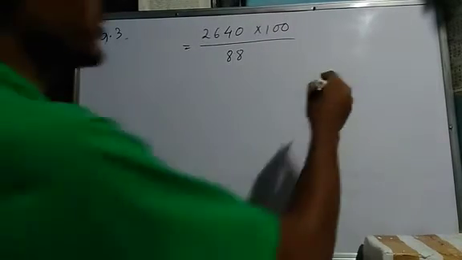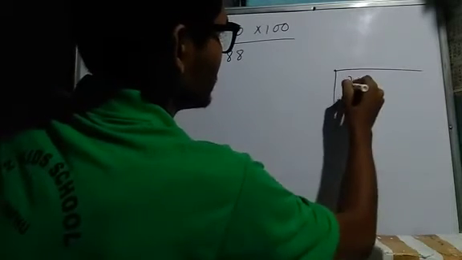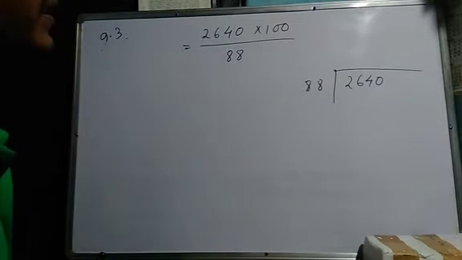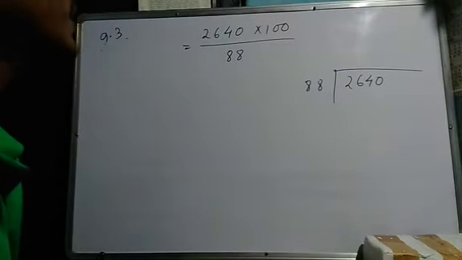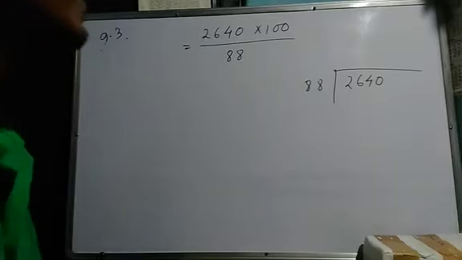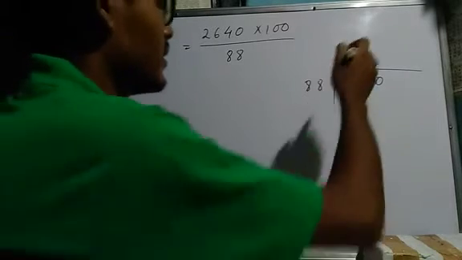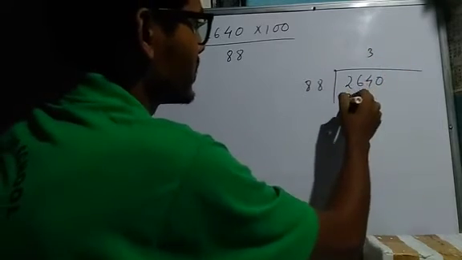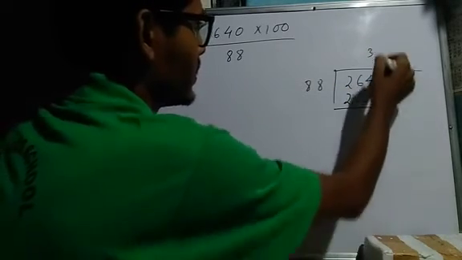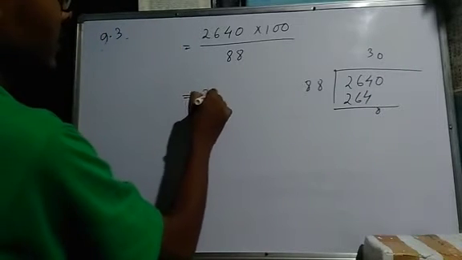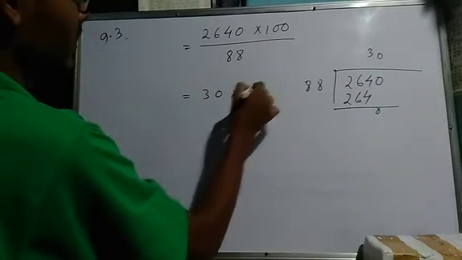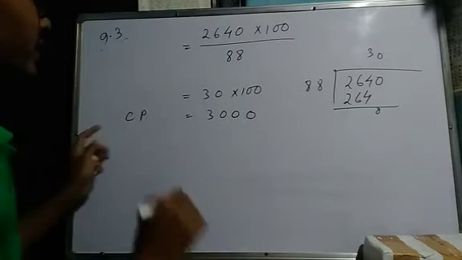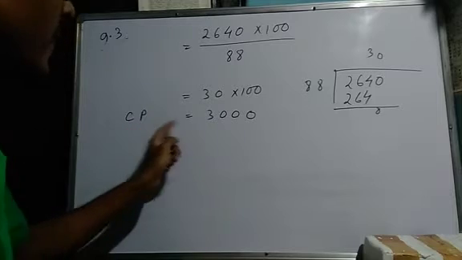So 2640 divided by 88, how much? 88 threes are 264. That means the original price of the product is 3000 rupees.